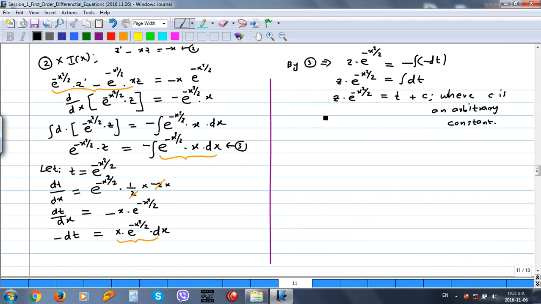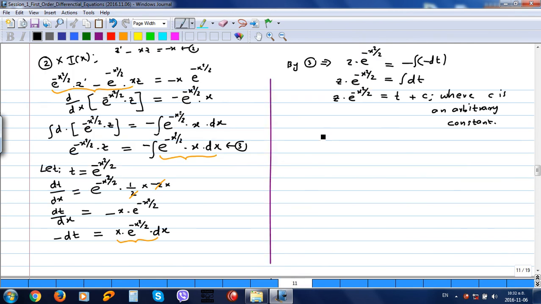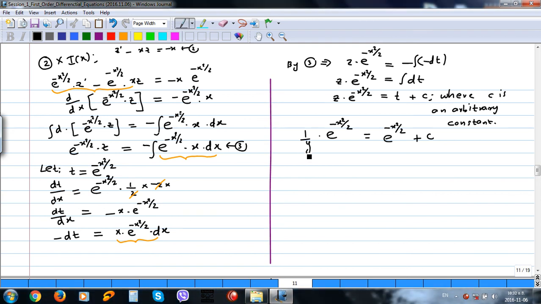So we take z as what? Z is 1 over y. So instead of z we can write 1 over y times e to the power minus x squared over 2 equals t, which is e to the power minus x squared over 2, plus c. If you want, we can make y the subject.